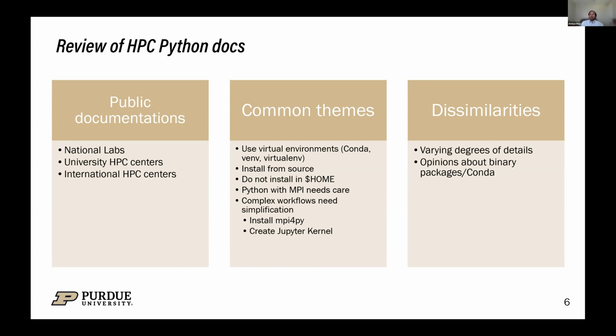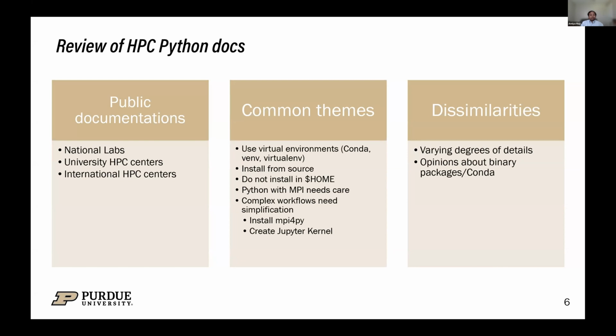So you cannot directly do pip install or conda install in your directories when the installation is controlled by a site administrator, right? You have to use some kind of virtual environment to isolate your installations and install it into the appropriate file system, install things from source rather than downloading binaries, because you don't know if the binary is optimized or if it will work on your architecture, right?